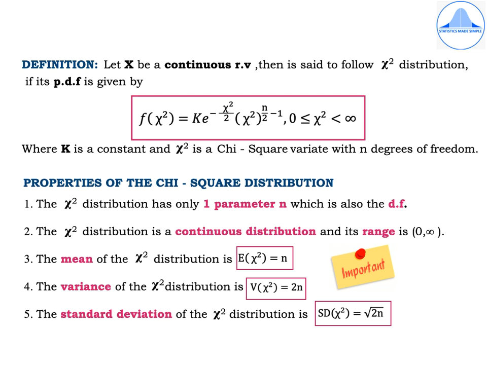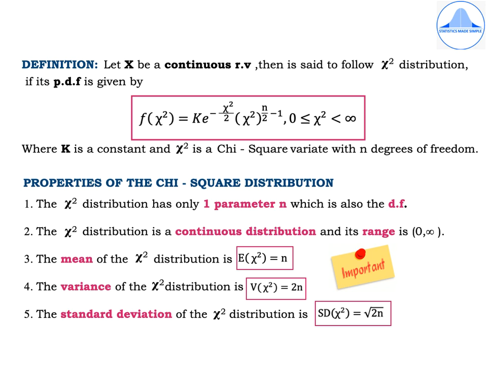In other words, it means that chi-square can be equal to 0 and it can take any value between 0 and infinity. And you know that infinity is an imaginary value which cannot be obtained.